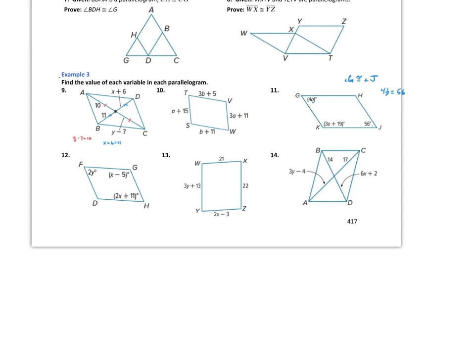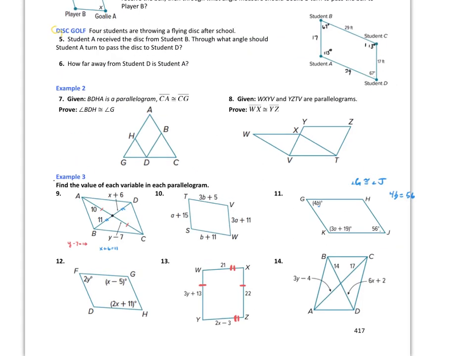And of course, my opposite sides, this side is going to be congruent to this side is going to be congruent to this side. So there again, I can make up my equation by saying that 3y plus 13 is equal to 22, and 2x minus 3 is equal to 21. I'm using some of those properties to build these equations.